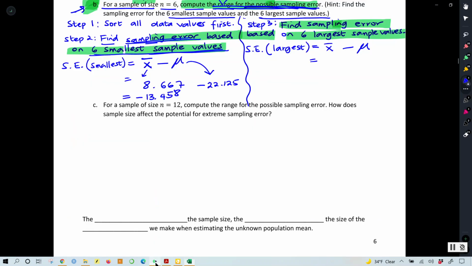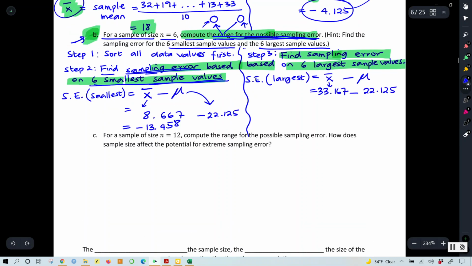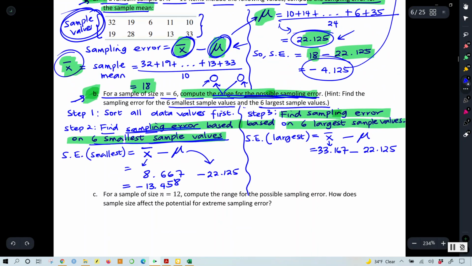So that is 33.167 minus the population mean, 22.125, that we got earlier. So the sampling error based on the 6 largest values is 11.042.